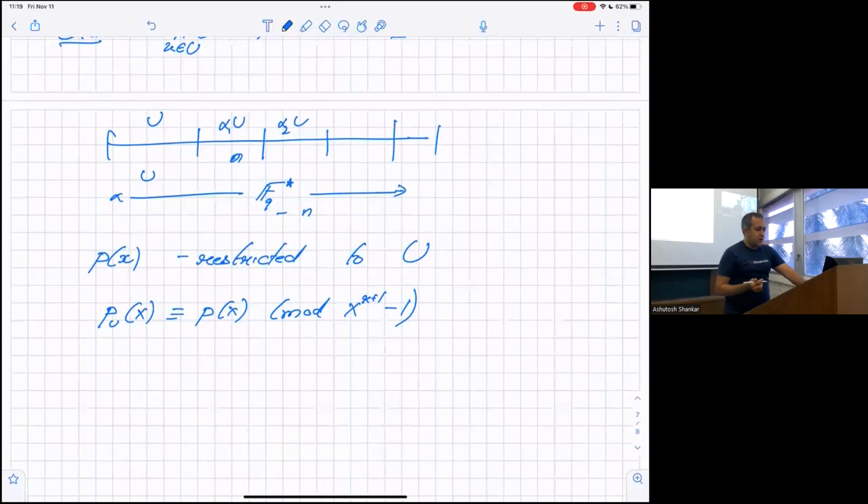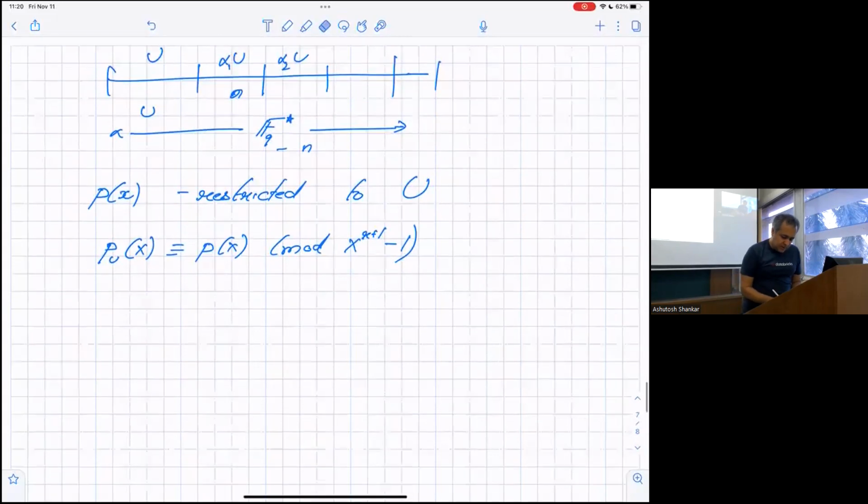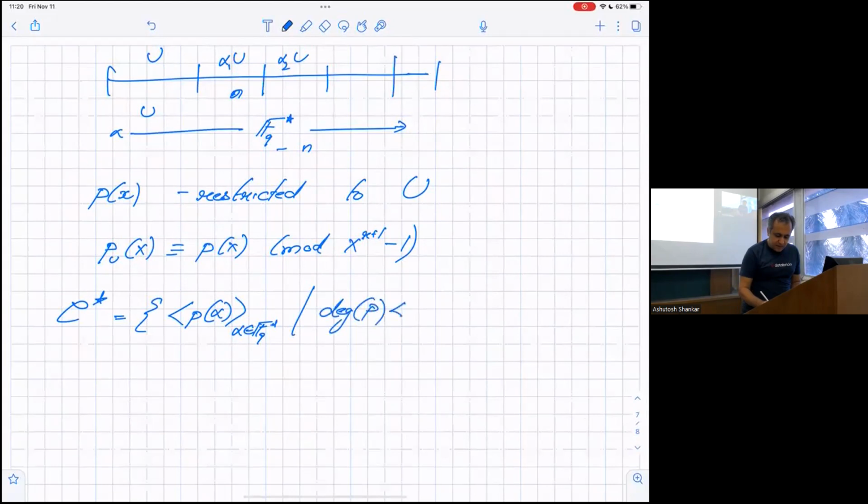Therefore, the code C* is the set of all evaluations of P at α, where the degree of P is less than K′, whichever we have chosen.